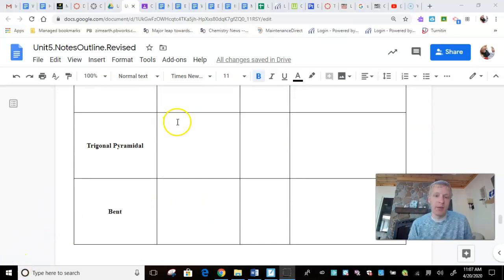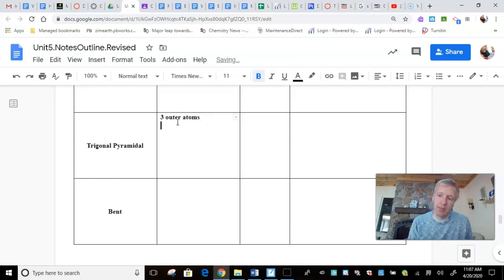All right, moving on to the next one, trigonal pyramidal. This one, just like trigonal planar, has 3 outer atoms. Well, what's different about it? Trigonal planar had 0 lone pairs on the center atom, but trigonal pyramidal has 1 lone pair on the center atom.